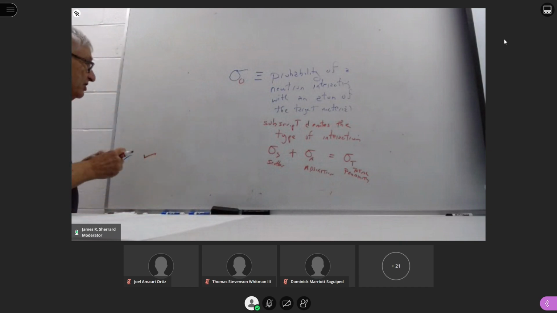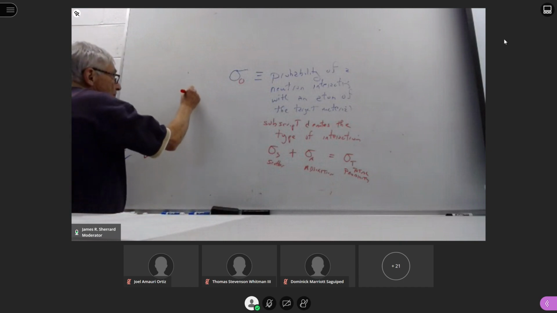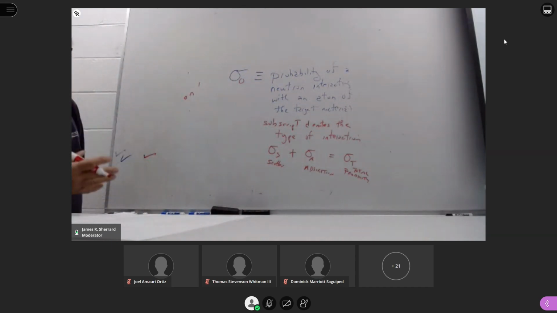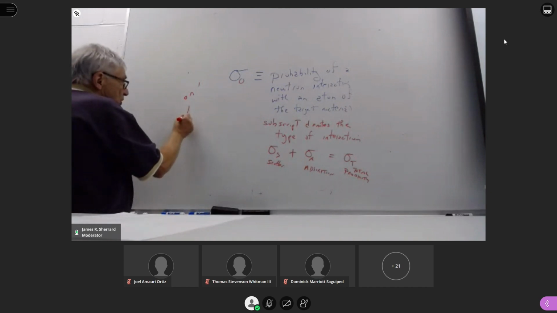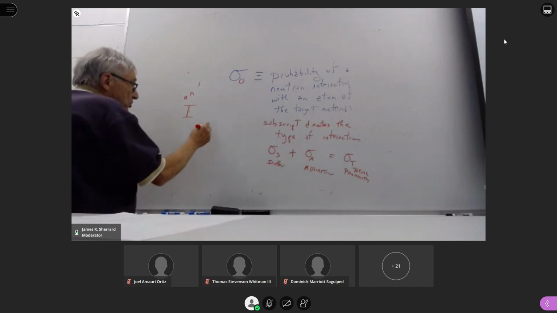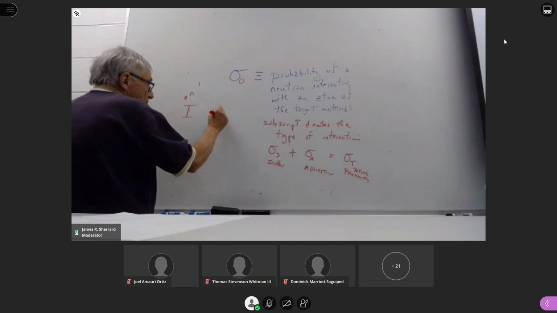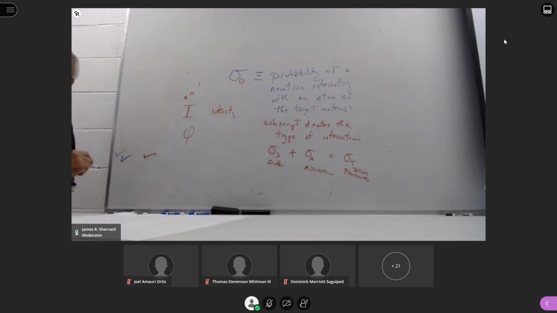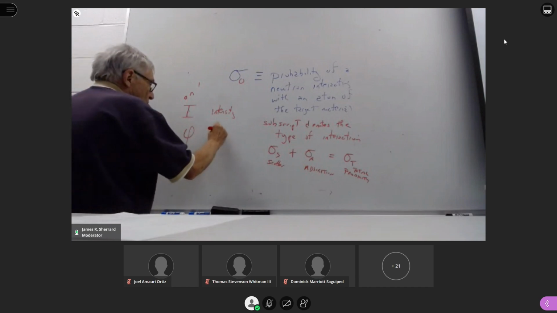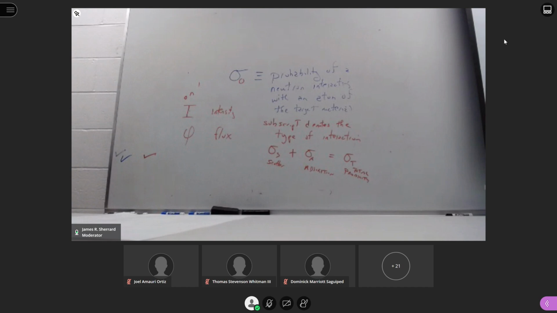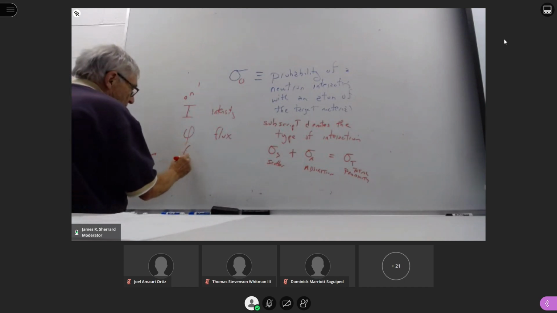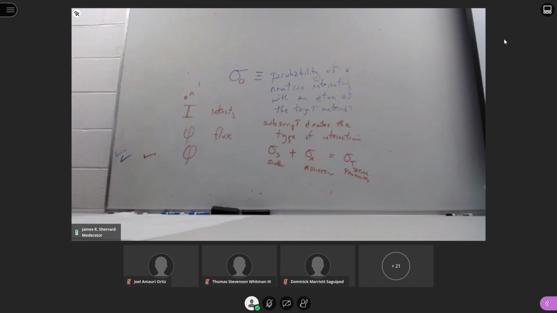Usually you're not looking at a single neutron. Depending upon the text and the context you use, you'll either see this written as I, which stands for intensity, or big phi, which stands for flux. I tend to use flux all the time.